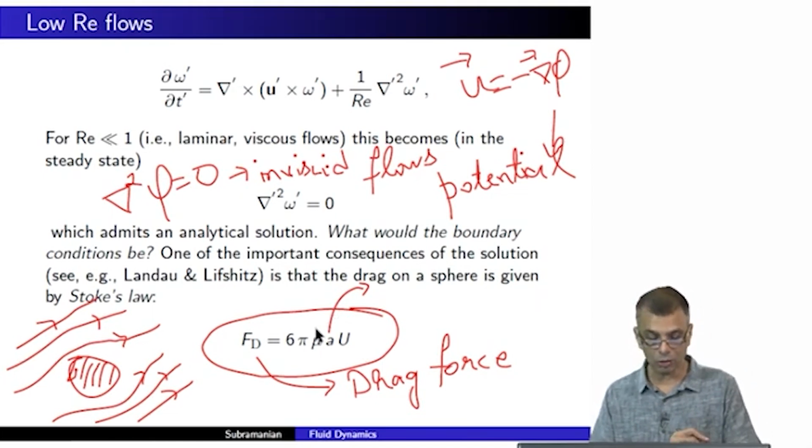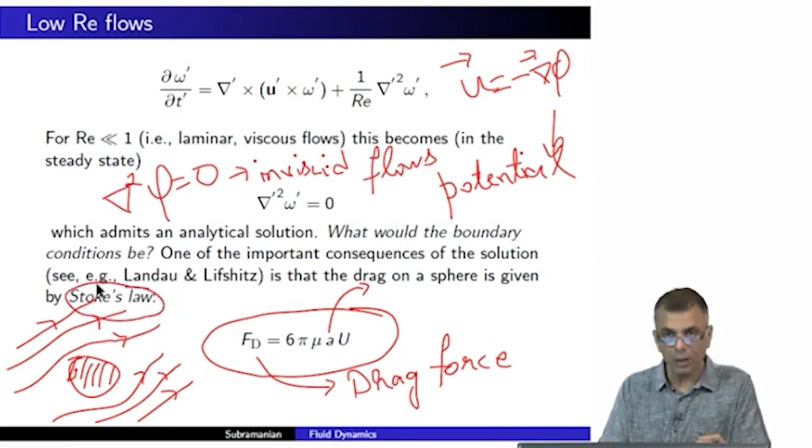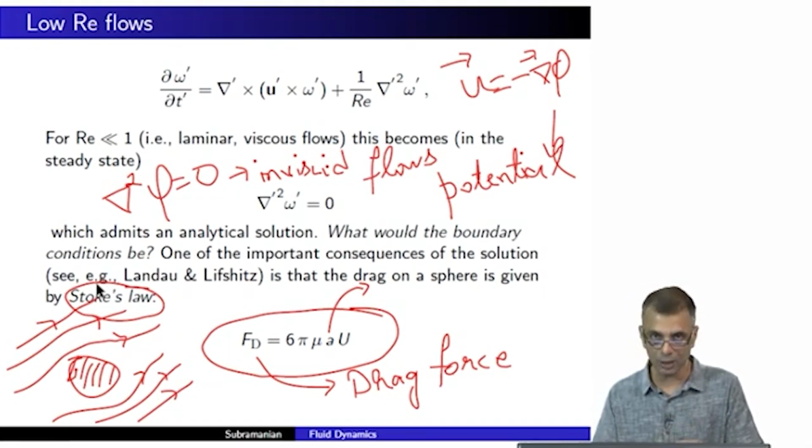Okay, this is called Stokes' law. Very important law. This holds only for the case of a perfectly smooth sphere. There are many specializations that go into this law. It's been experimentally verified to a great degree of success. But this is a very important law.